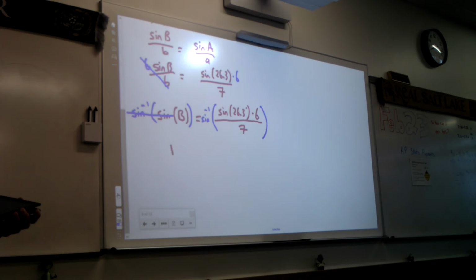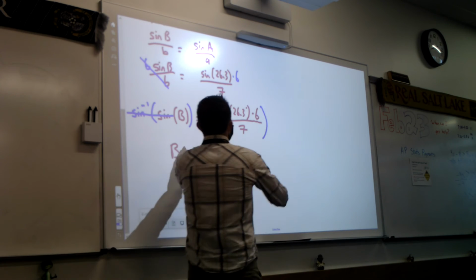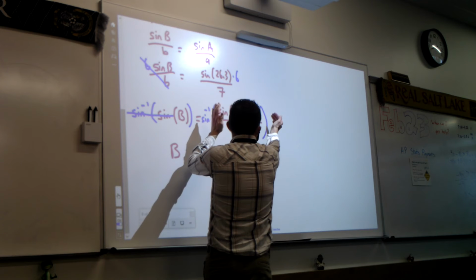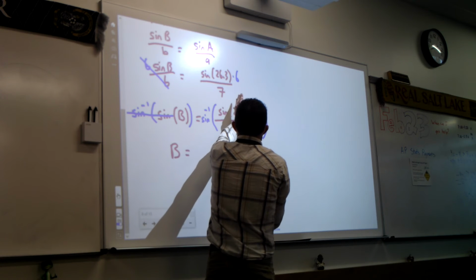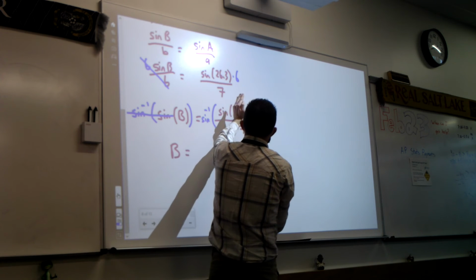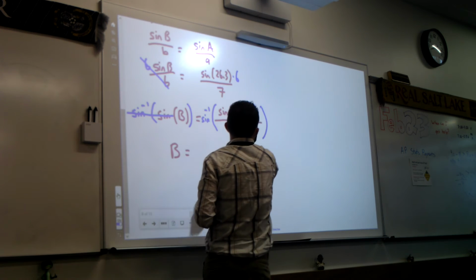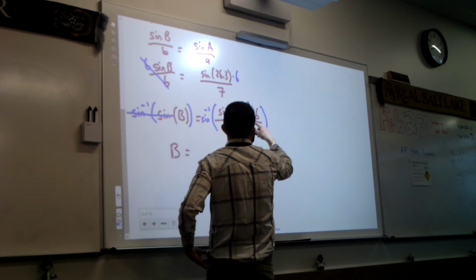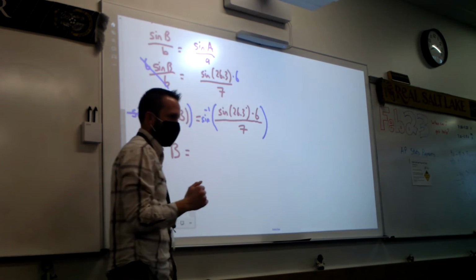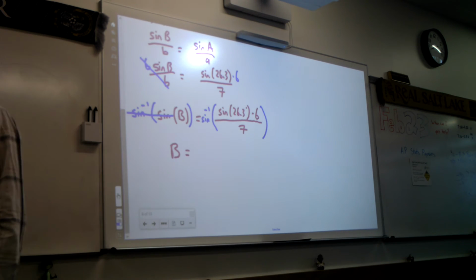Now, when you go to put this into your calculator, make sure you're careful with your parentheses, because you're going to do inverse sine of this entire thing. Well, when you put in sine, it's going to give you another parenthesis, so you have two open parentheses. So close the first one here, times 6 divided by 7, and then close the second. Let's all practice putting that into our calculator and see if it gives us the same answer.